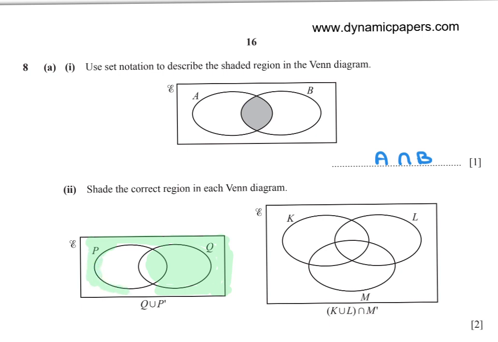If you have union, shade the two sets, shade this one and that one and leave the rest. So this is the answer.